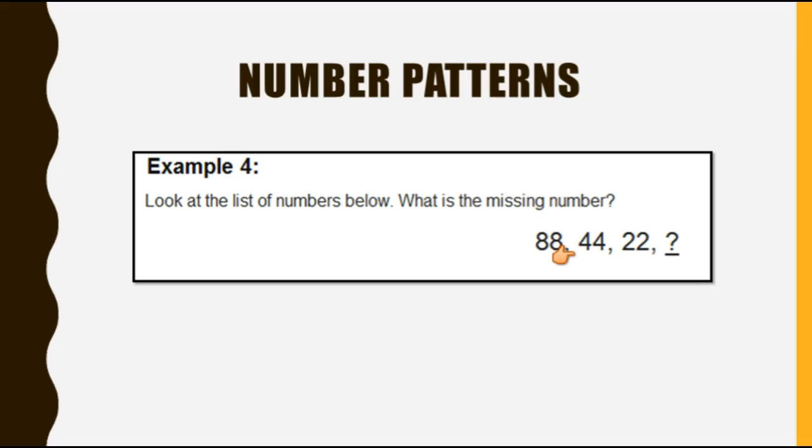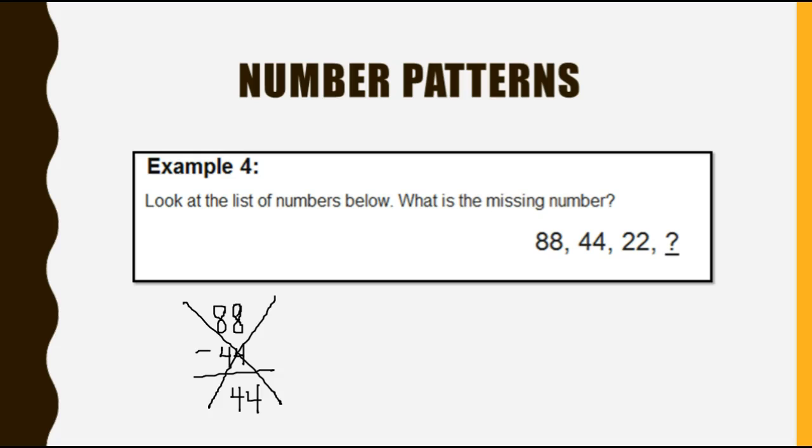Well, we could try minus 44, 88 minus 44 would equal 44. However, if I continue that idea, right here I should have a 0, 44 minus 44. So that rule is just not going to work. Okay, so we're not going to use this rule.